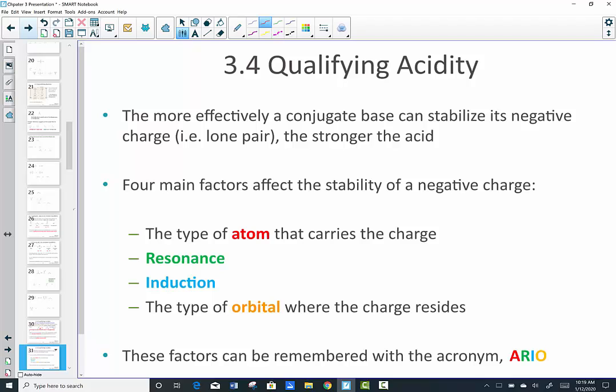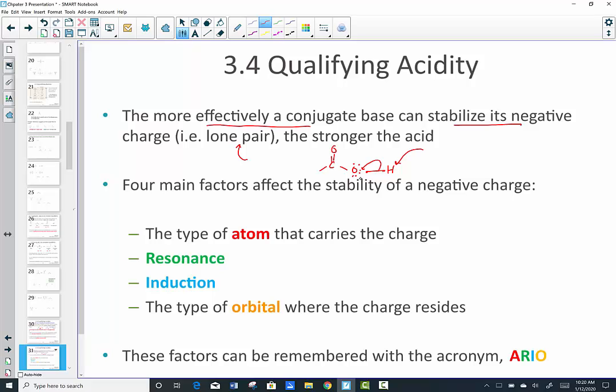And in order to stabilize the negative charge on the conjugate base, we look at four main factors. So, the effectiveness of a conjugate base's ability to stabilize its negative charge, that's the lone pair of electrons. Remember, looking at that acetic acid example, what used to be a bond between the oxygen and hydrogen, if the proton is removed, this bond collapses and we form a lone pair.